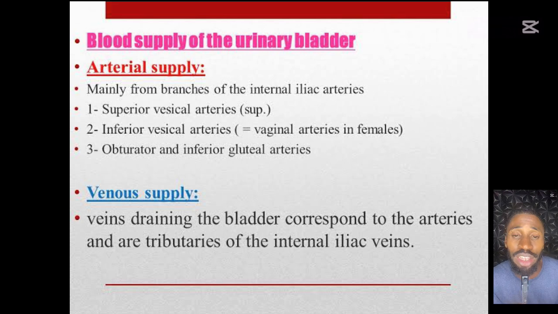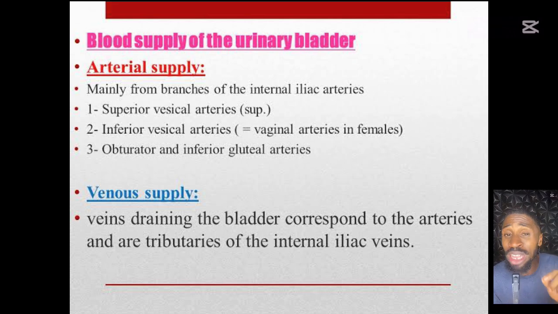Now the venous drainage of the bladder, where the blood from the bladder drains to. Always know, for males it drains to the prostatic venous plexus, or entirely it drains into the internal iliac vein. Don't forget it.